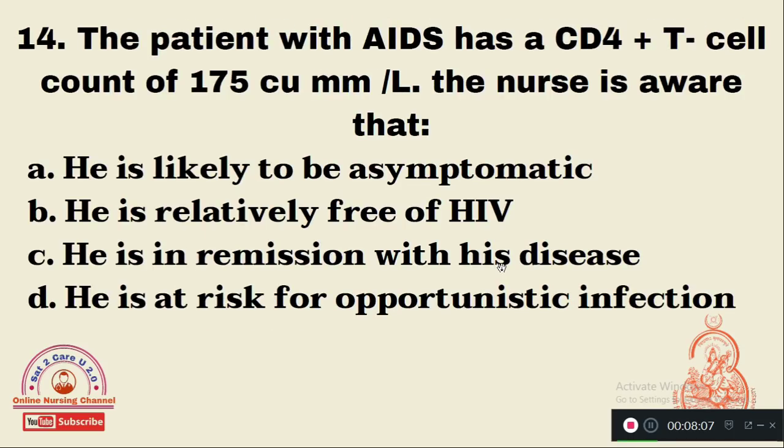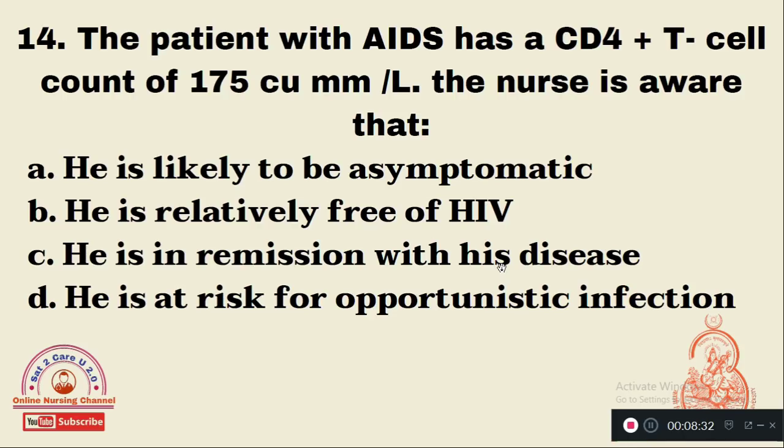Question number 14. The patient with AIDS has a CD4 T-cell count of 175 cubic millimeter per liter. The nurse is aware that option A, he is likely to be asymptomatic. Option B, he is relatively free of HIV. Option C, he is in remission with his disease.